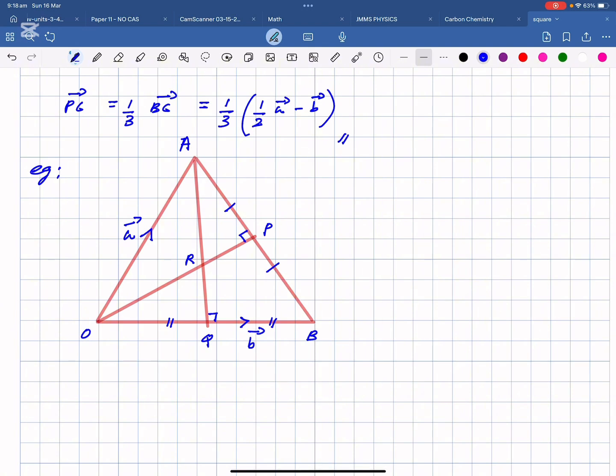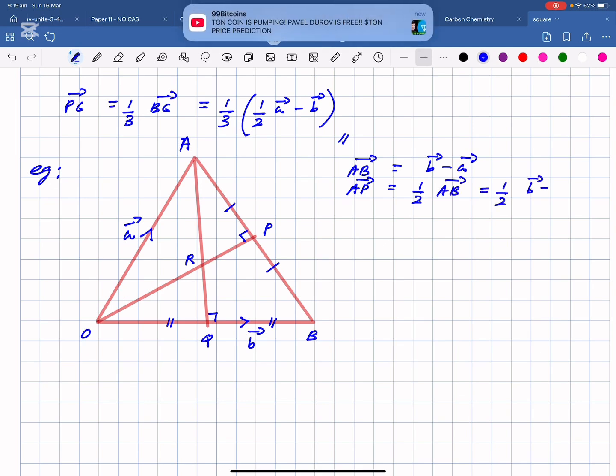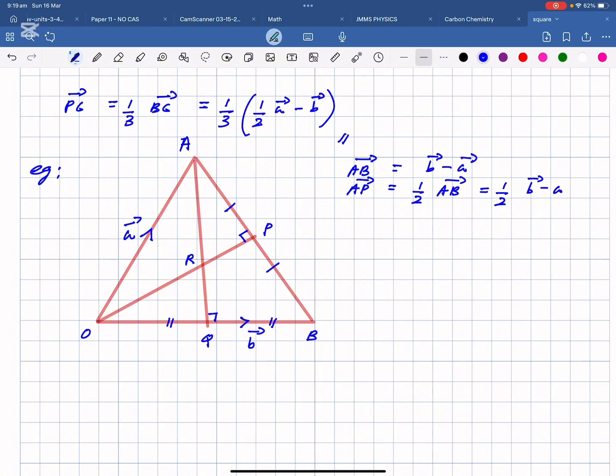Now you can take this point as P, this point as Q, this point as R, for example. So now you understand AB vector is B minus A. You know that. Then let's think about AP vector. AP vector is half of that, so it's going to be half of B minus A. Then PB vector is the same, right?